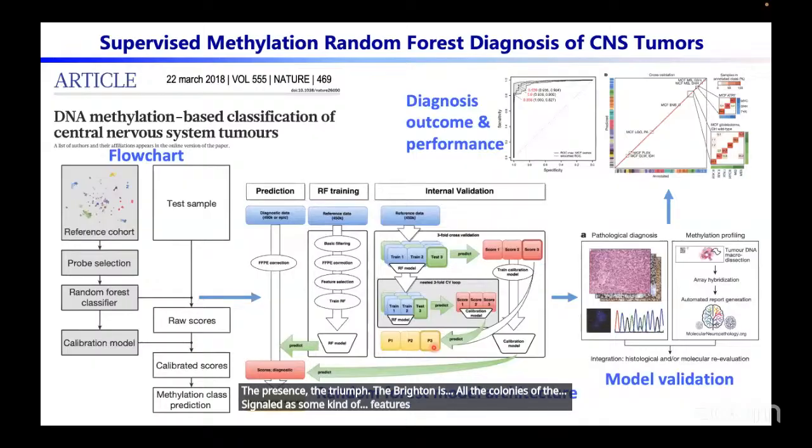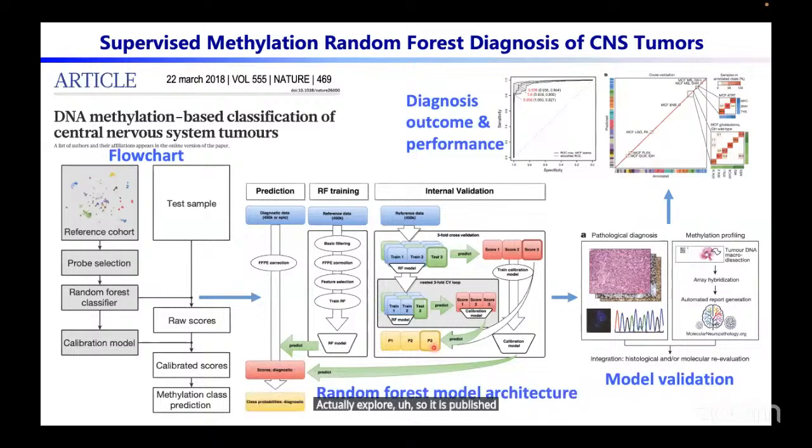Those features could be input into a machine learning method. That's what this particular article, published in 2018 in Nature, explored.